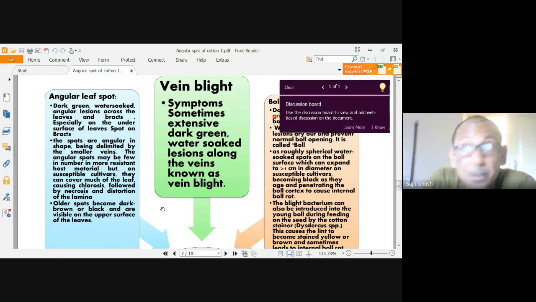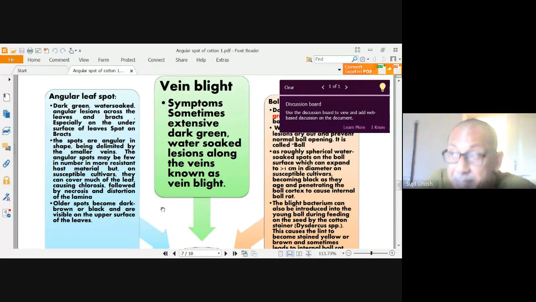It is also observed that insects, Dysdercus species, which infect the cotton, cause the transfer of Xanthomonas axonopodis variety malvacearum from another plant to this plant. This insect is known as cotton stainer, and it is named Dysdercus species.